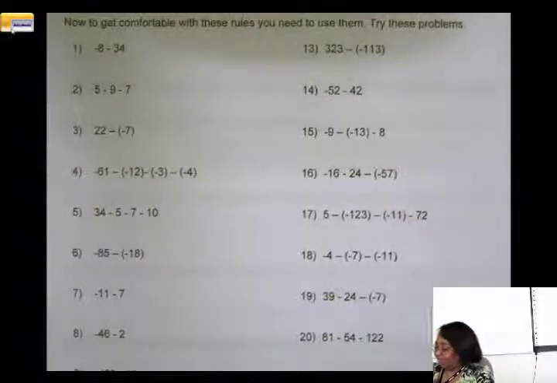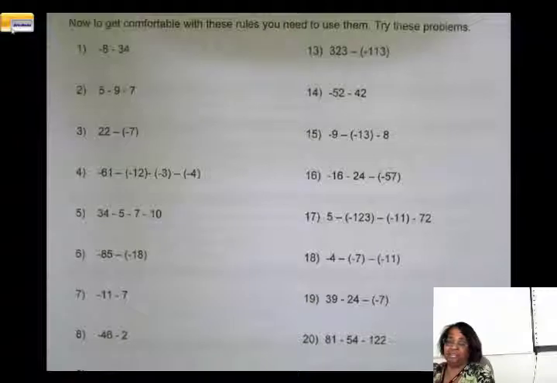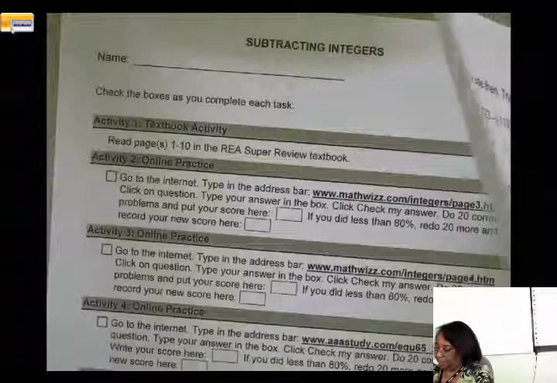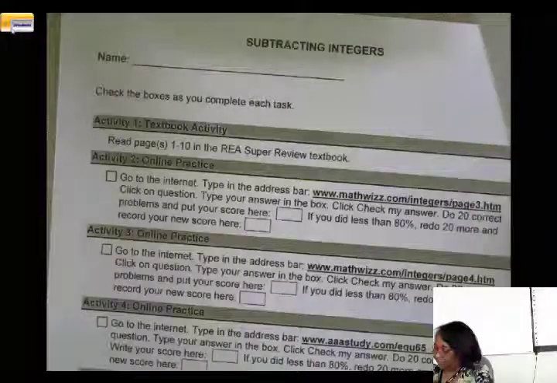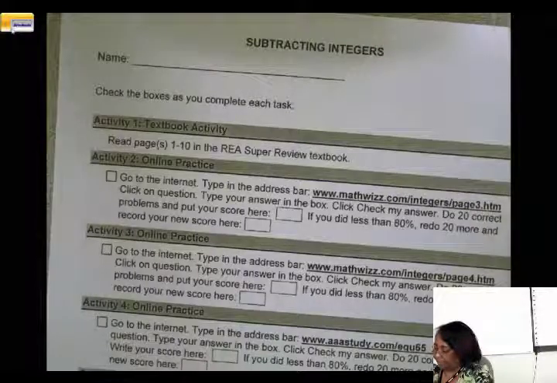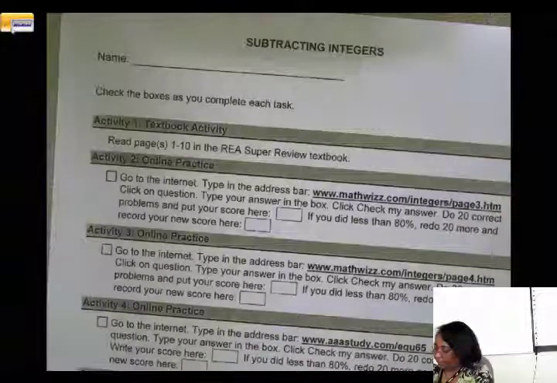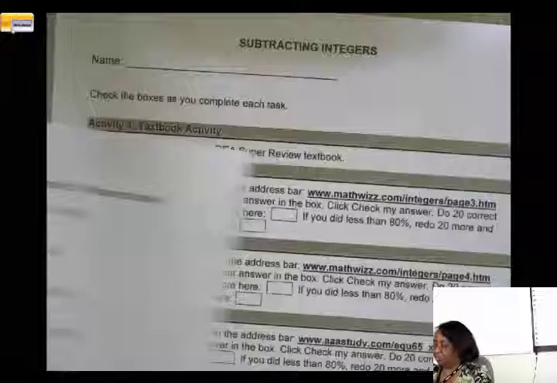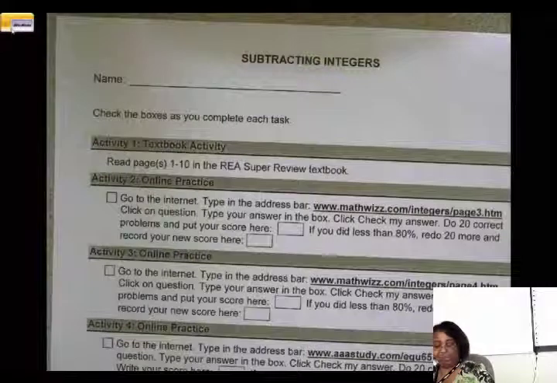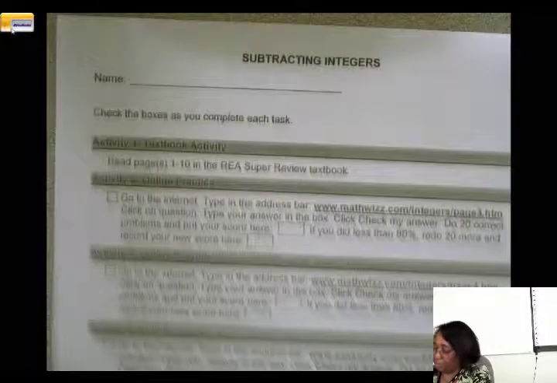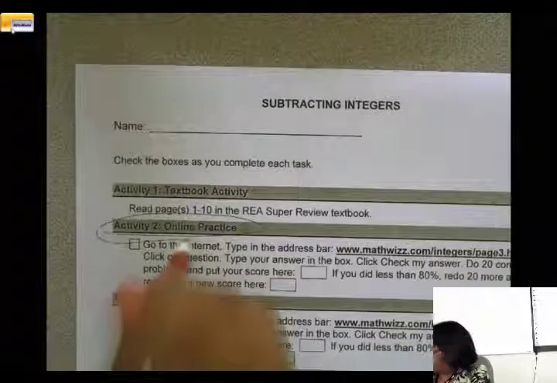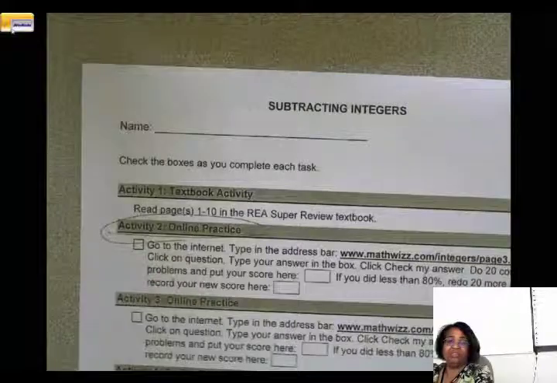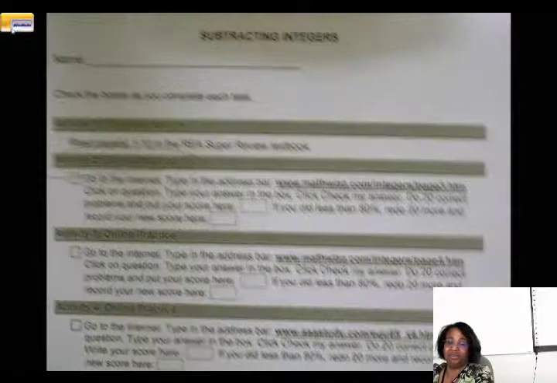You guys only have 24 questions today. And on the online, you want to just do practice 2. Activity 2, I'm sorry. On page 4, do activity 2 for your extra work.